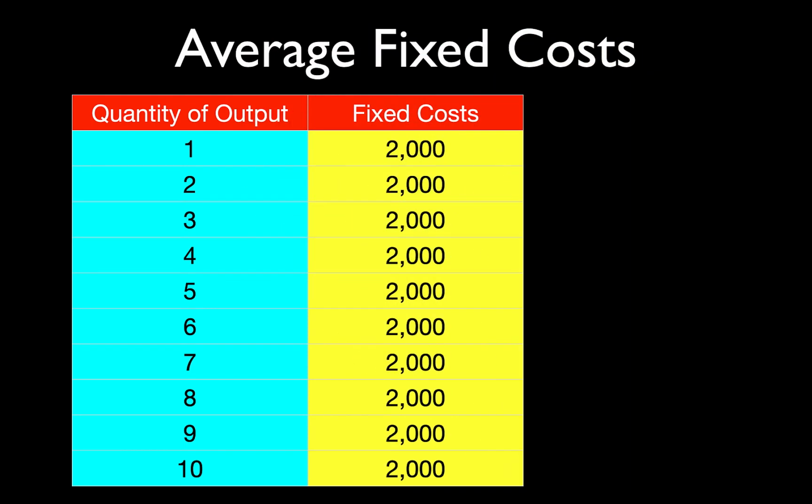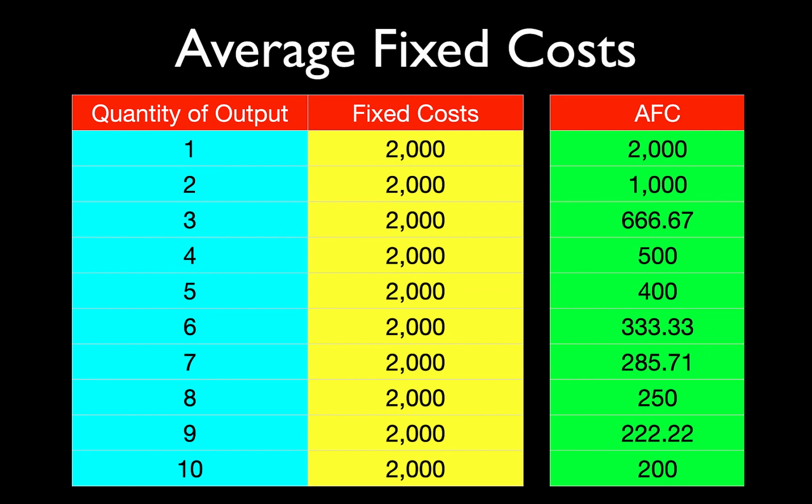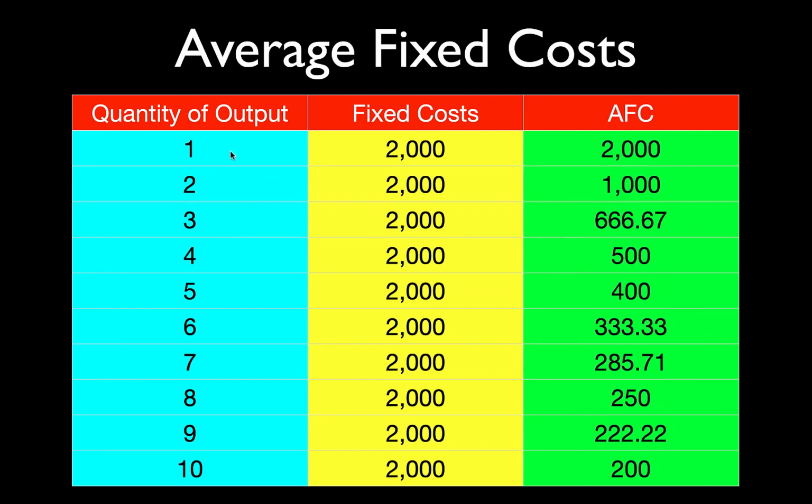Before I go on further, I do want you to see one thing. Okay, this will be easy to see. What we have here, as output increases from 1 to 2, that is a 100% increase. Average fixed cost falls by 1,000, which is a 50% reduction. But what I want you to know is originally it fell by 1,000, then it fell by 333.33 or whatever, and then it fell by 167.67, and then it fell by 100, and then it fell by something like 76.67, and so on and so forth.